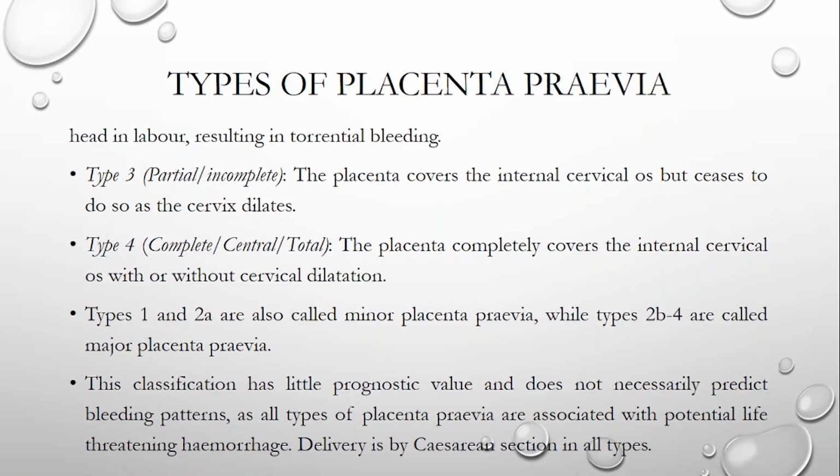This classification that we have just outlined has little prognostic value and does not necessarily predict bleeding patterns, as all types of placenta previa are associated with potentially life-threatening hemorrhage.